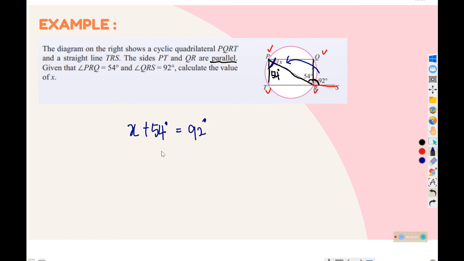You want to find X, so 92 minus 54, and the answer is 38 degrees. So easy, you just use the relationship.